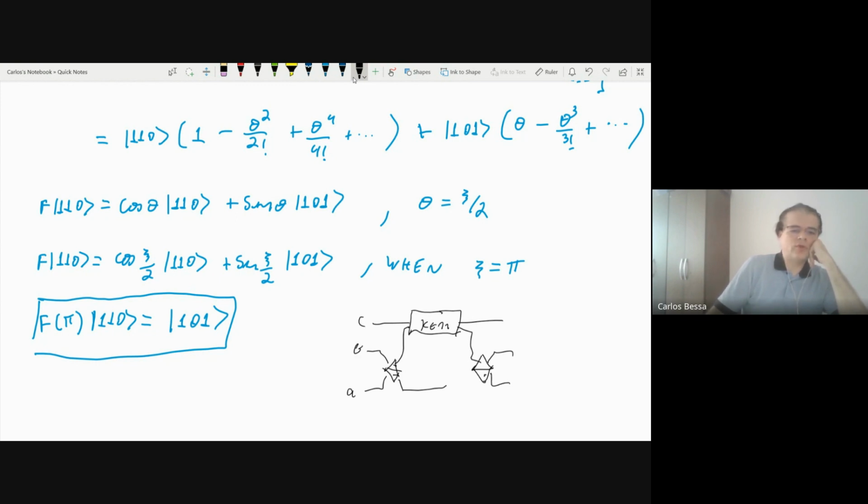When I have one photon in the mode C, coming here, it changes the photon that was here. Initially the input is one photon here, and the vacuum here. And in the end, I'll have one photon here, and the photon that was in B comes to A, in the vacuum. Okay?